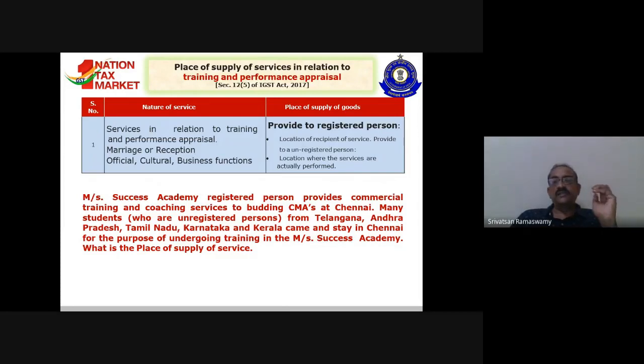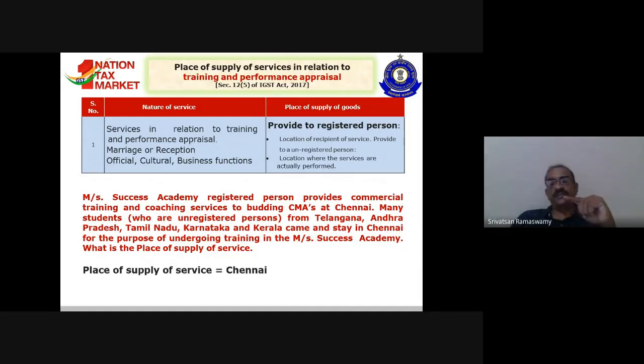Okay, so the place of supply with reference to training and performance appraisal services. Success Academy, a registered person, provides commercial training and coaching for budding CMAs in Chennai. Many students across various states come to Chennai and stay in Chennai for the purpose of undergoing training in Success Academy. What is the place of service? So if it is an unregistered person, the place of supply is the location of the academy.